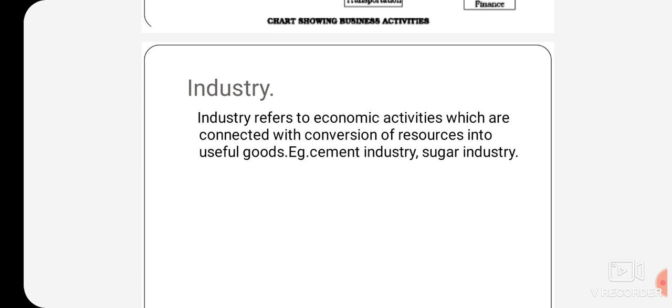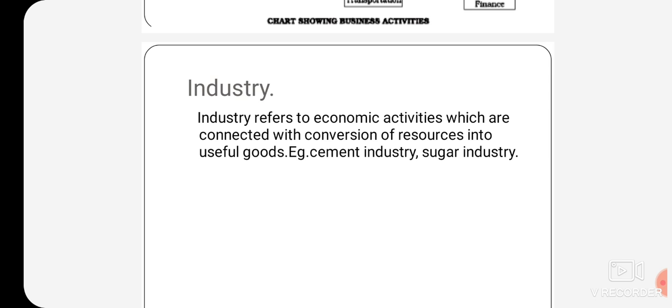So usually all of you know the meaning of this, what do you mean by industry? So what it does? So industry, what it does, no doubt it is an economic activity. So industry converts raw material into finished product to fulfill the requirement of users.